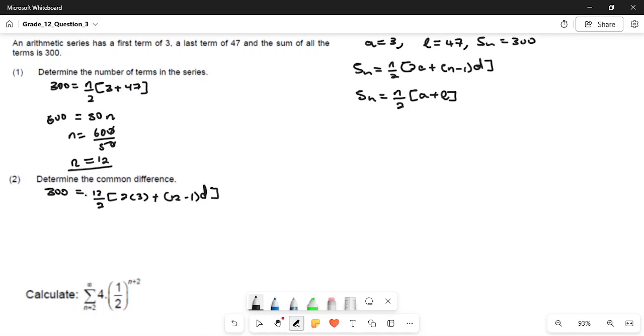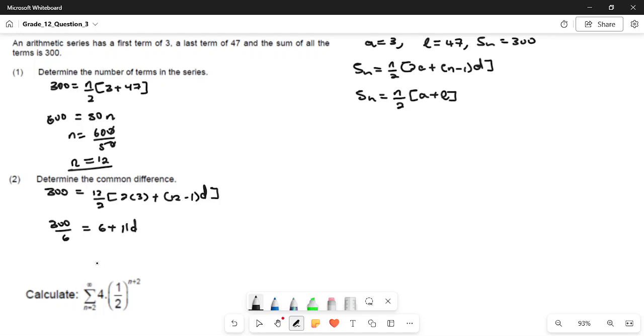Now to simplify this, 12 divided by 2, we've got 6. So I'll divide both sides by 6. I will therefore have 300 divided by 6, and what remains on this side is 6 plus 11d.